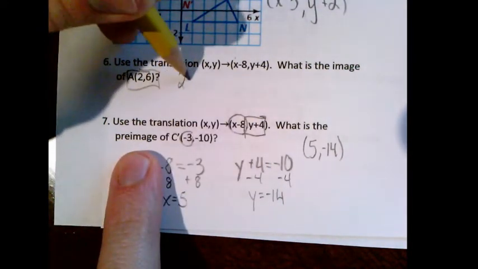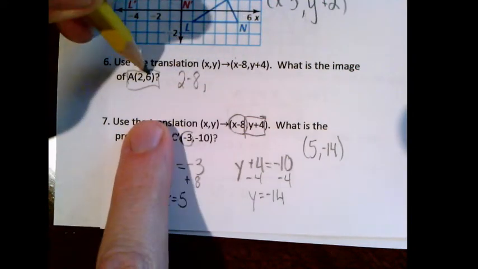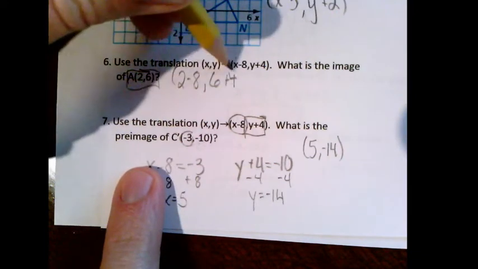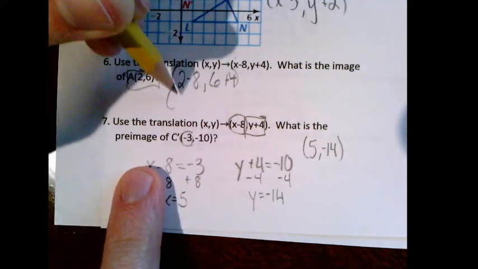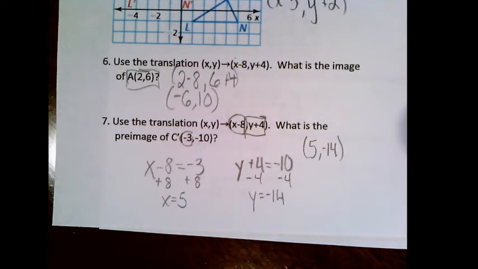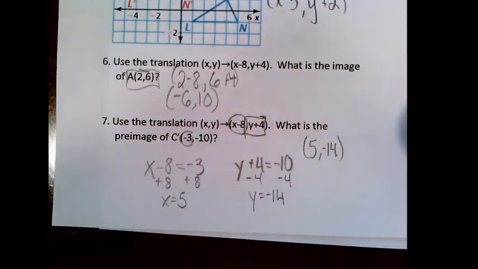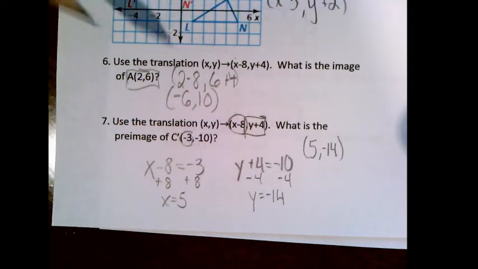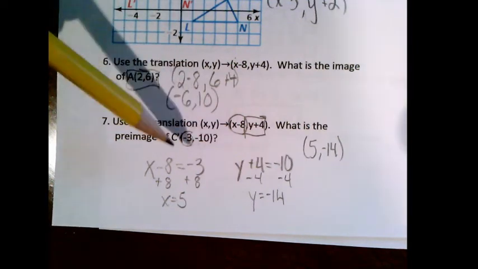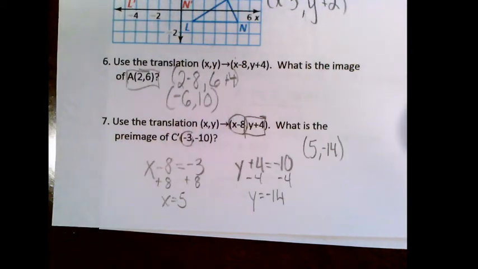So it would just be 2 minus 8, comma, 6 plus 4. 2 minus 8 is negative 6. 6 plus 4 is 10. So that's where it gets me to that. You just plug them in, because we're going from the pre-image to the new image. On this one, we had to work backwards. That's why it was a little funkier.